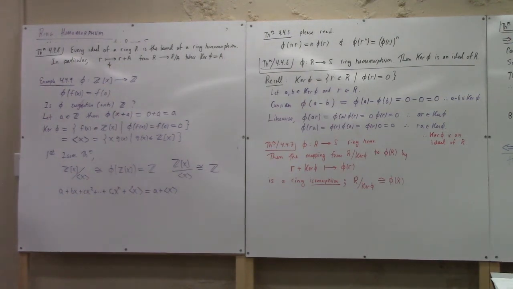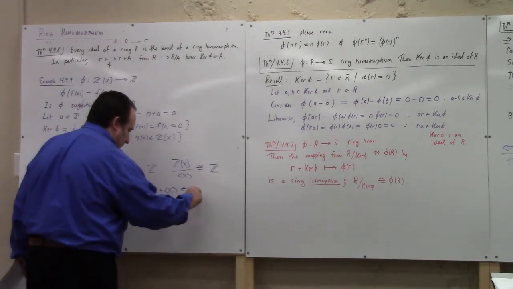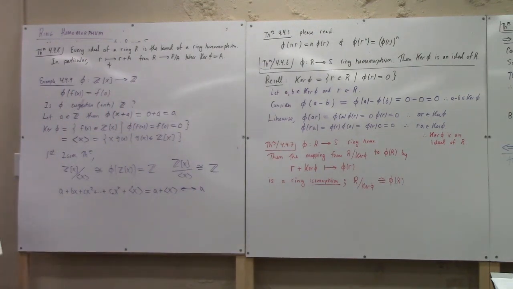So you can absorb powers of x and so forth into the ideal, and all that survives is a. But of course, this is just a really stupid notation for a, you know. So the isomorphism there is just to drop the x. I can actually write down the literal isomorphism for you here. But anyway, that is an example of the first isomorphism theorem, which I think is good for us to go through.